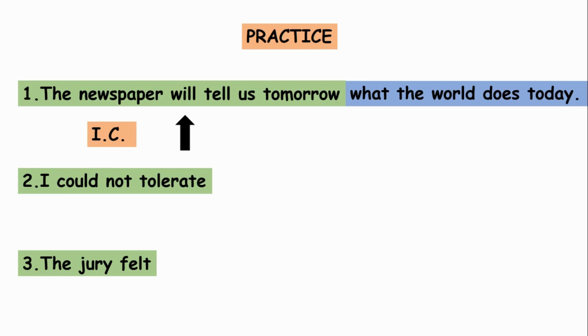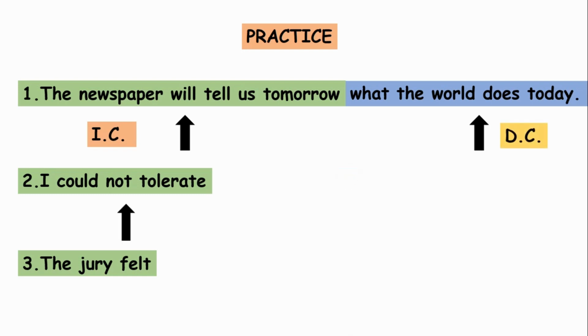So what kind of clause is it, dears? Yeah, noun clause. All things are nouns. What the world does today. So here it is a dependent clause. The newspaper will tell us tomorrow can form a simple sentence, whereas what the world does today cannot stand on its own. So it is a dependent clause.